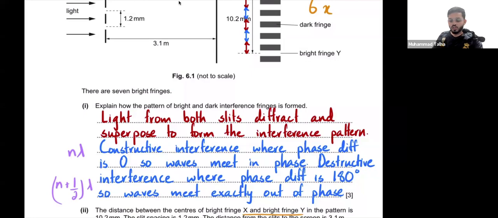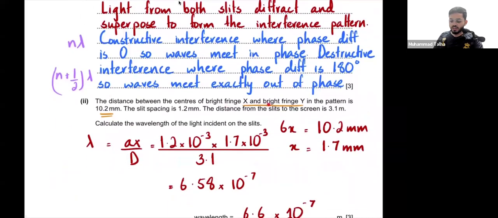Do not use these symbols directly without explaining what each of them stands for. So again, I'm repeating this: n lambda, you can write in words as an integer multiple of the wavelengths, and destructive interference you can write as an odd multiple of half wavelengths.